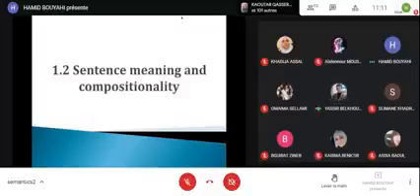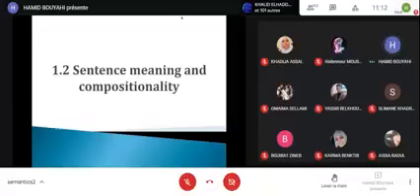How is it that when we place a comma or a period within a sentence, it drastically changes the meaning of that sentence? Okay, it's a very good guess, but it's not really the accurate one. Compositionality simply means that the meaning of a sentence is normally composed of its parts.